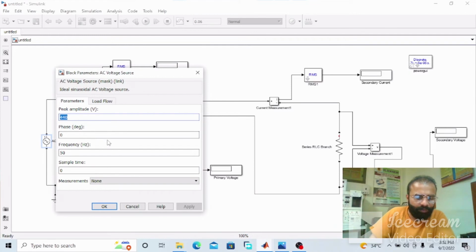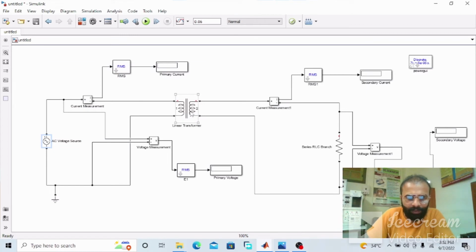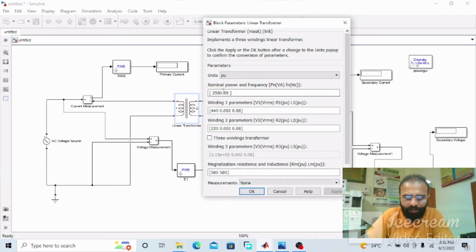Okay, now our first condition is the step up transformer, make it step up. So 220 volts we are given. Okay, now go to the transformer block. Now the power is the apparent power, 2500 VA and 50 Hz frequency. Now make it step up.